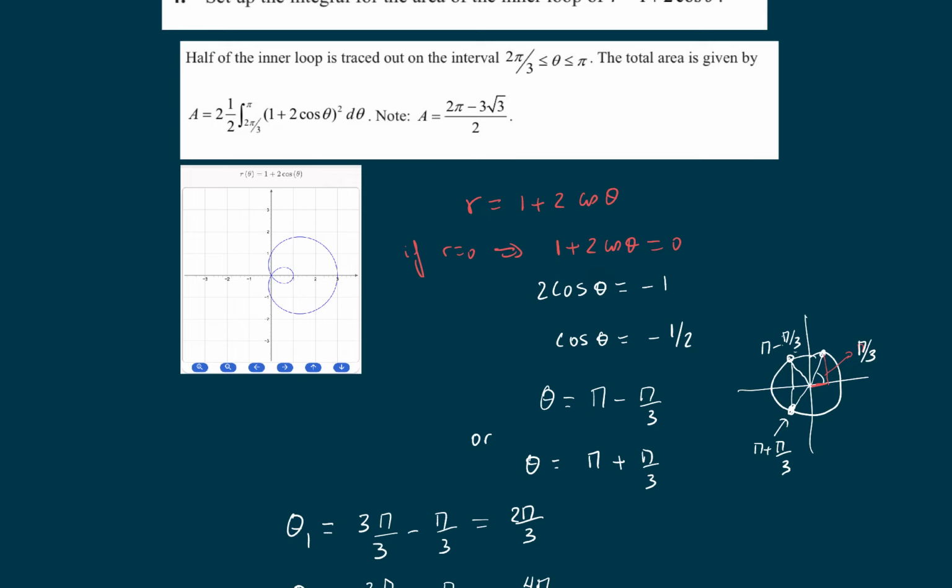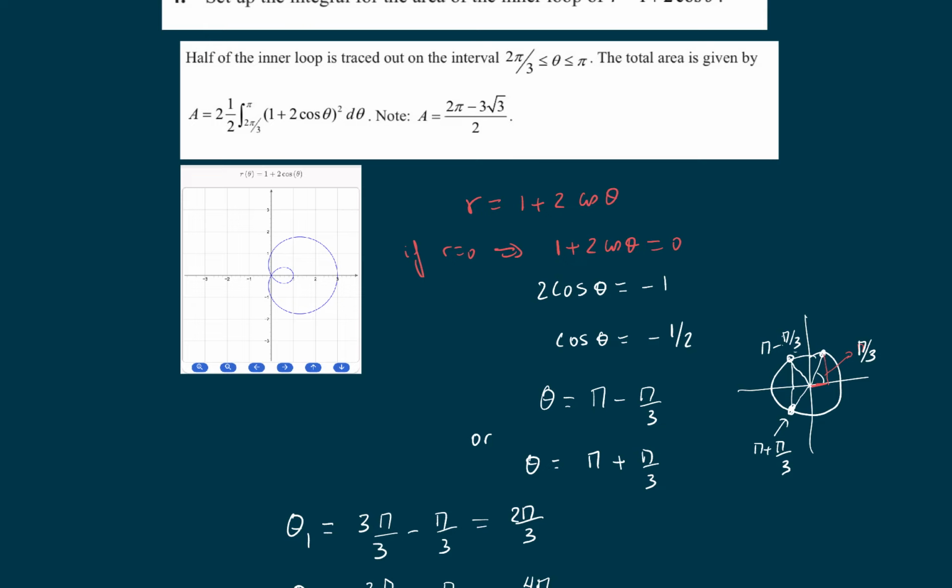I will see that when r equals 0, so 1/2 r squared is here, d theta. The problem is not doing the integral. The problem is to find these two limits of integration.